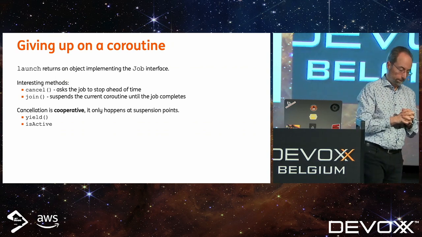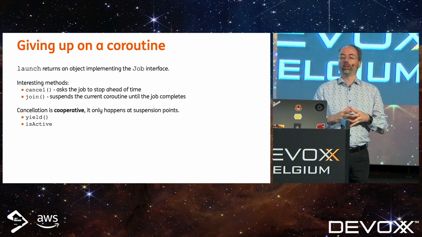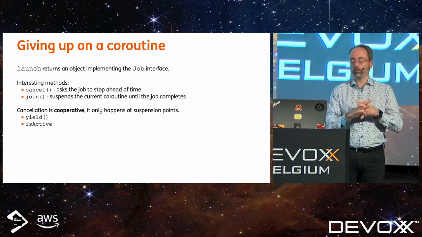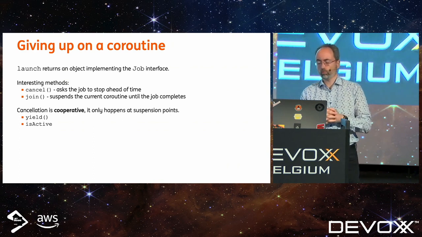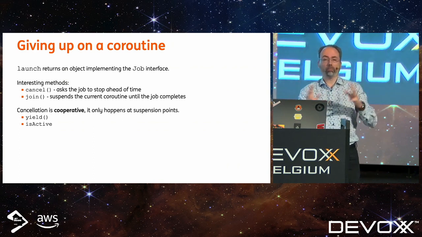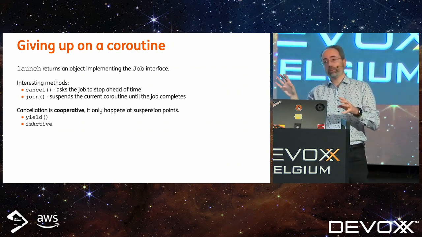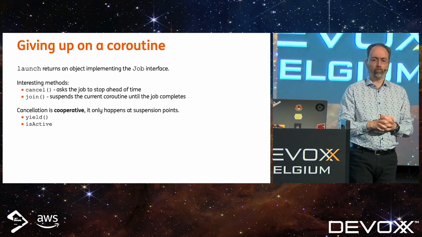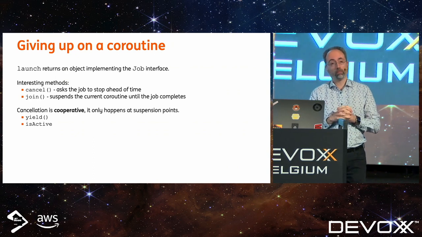Now, let's suppose that we have a coroutine that we launch. And we already know that operation is going to take a long time. It doesn't really matter why, but it's going to take a long time. In the meantime, we have another coroutine. It keeps on running. And for some reason, we decide that we need to cancel everything.